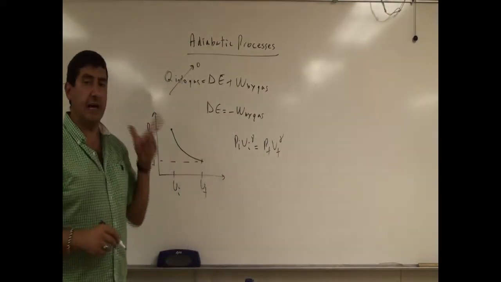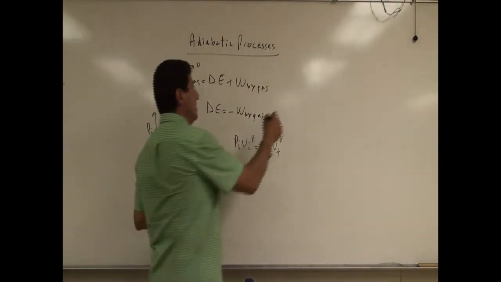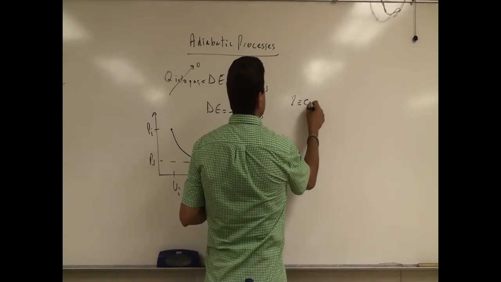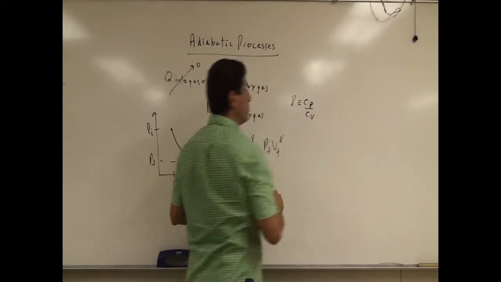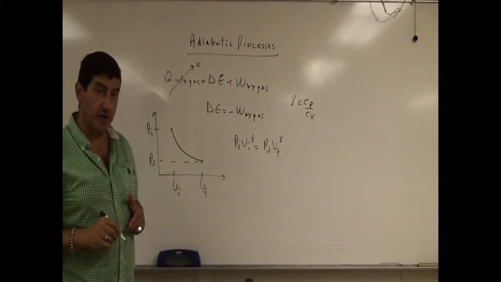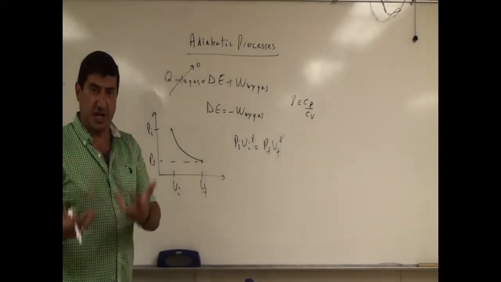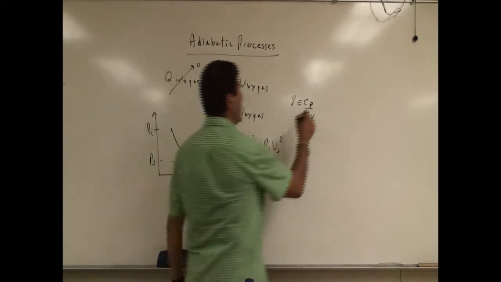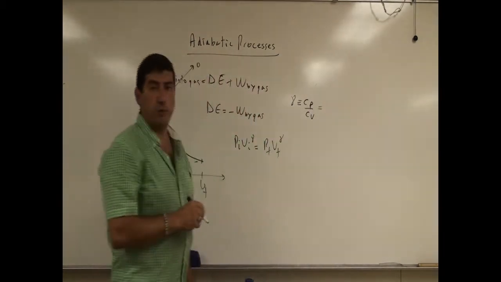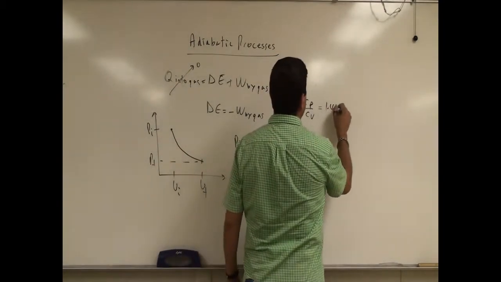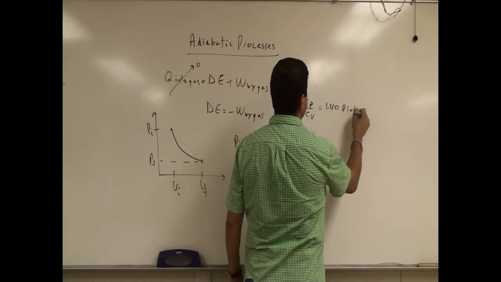The gamma factor is the ratio of the specific heat at constant pressure to the specific heat at constant volume. And if the gas is a diatomic gas, then gamma is equal to 1.40. This is 1.40 for diatomic.